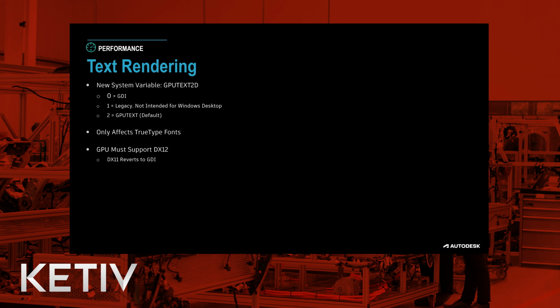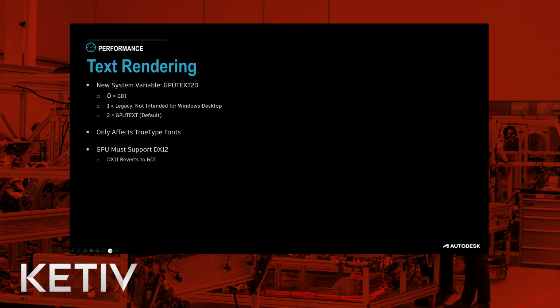This only affects TrueType fonts, but you're going to see much nicer results on your screen. And of course, your GPU must support DX12. If it doesn't, then it's just going to revert back to the graphic device interface font engine that it has been in previous releases.